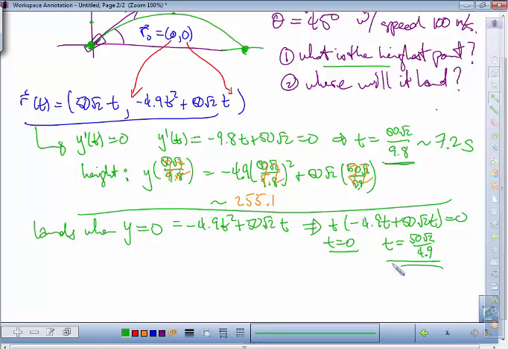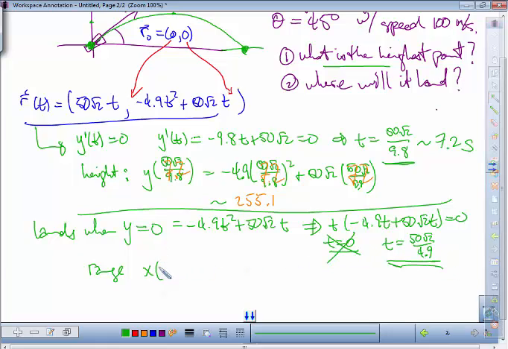So now, to find the range or find out how far this is, what do we do with this time? Plug it into x. If you plug it in for y, you're going to get 0, right? Because that's what you just solved for. So you need to plug that in for x, and that'll tell you the x distance, which is what you're looking for. So the range is going to be your x value evaluated at that point.